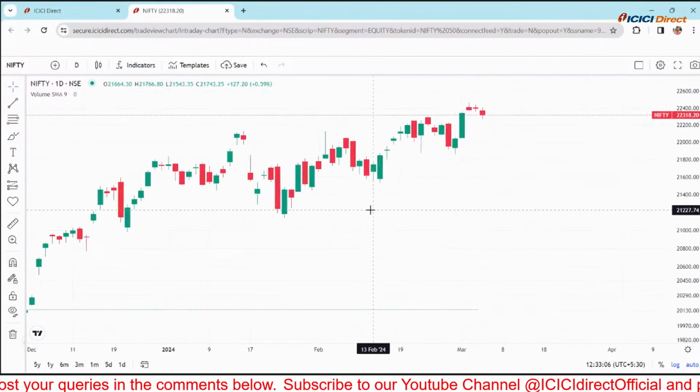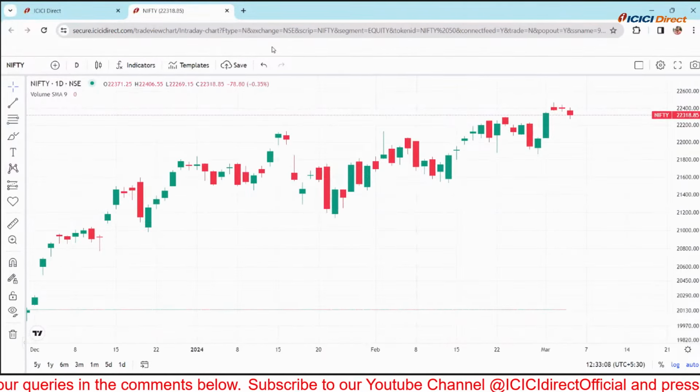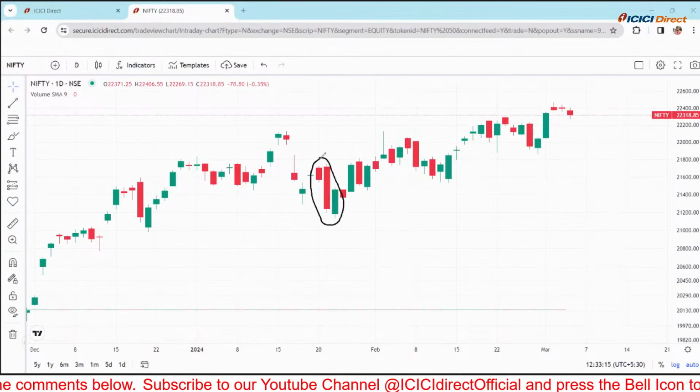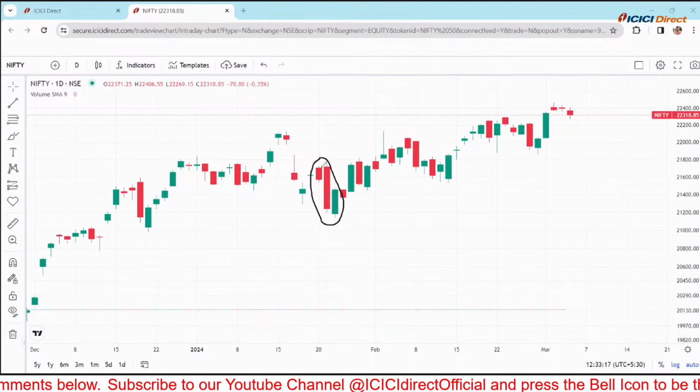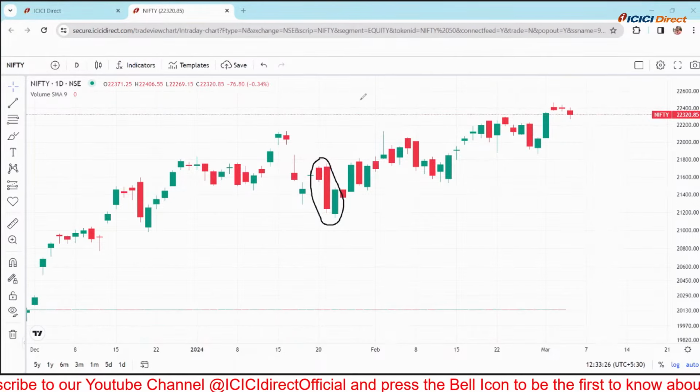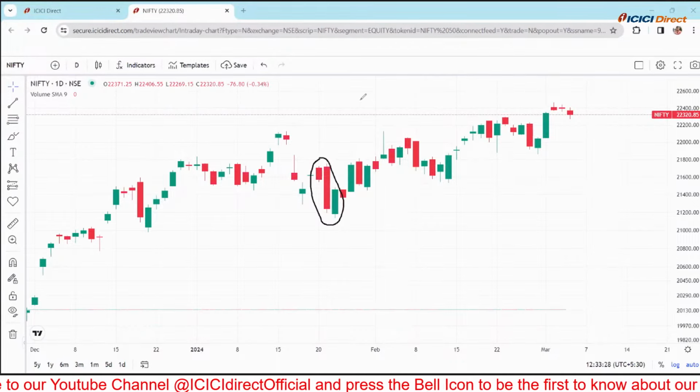in daily time frame. So guys, I ask you, is this a piercing pattern? Yes or no? The first condition is okay. I'm just trying to say this is not a significant downtrend here. But if I ask you, can this be a piercing pattern?